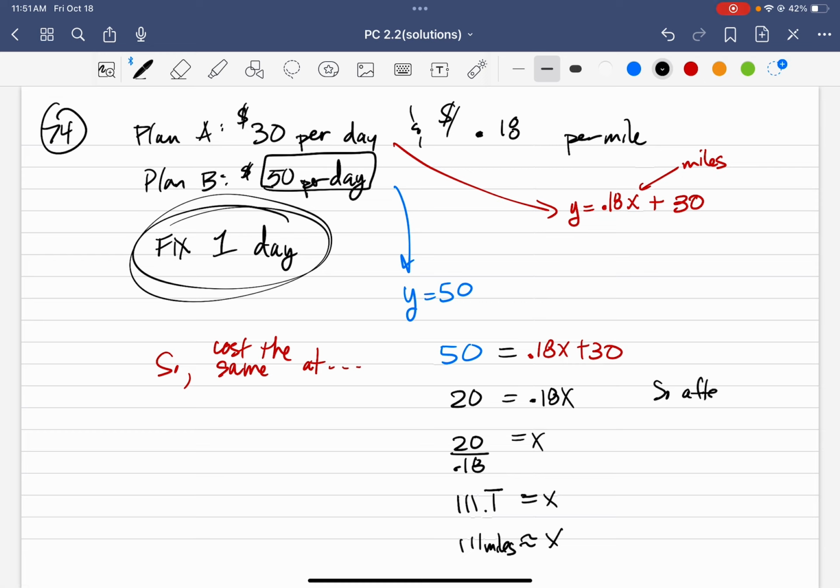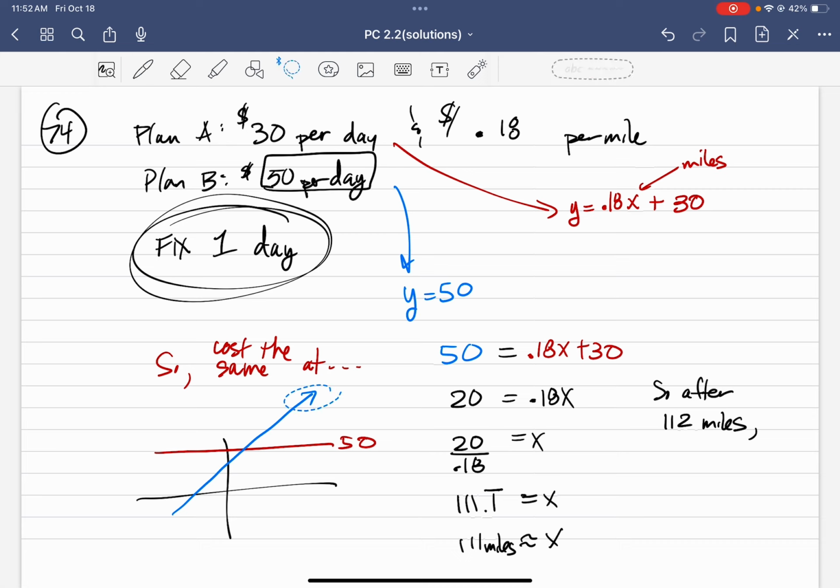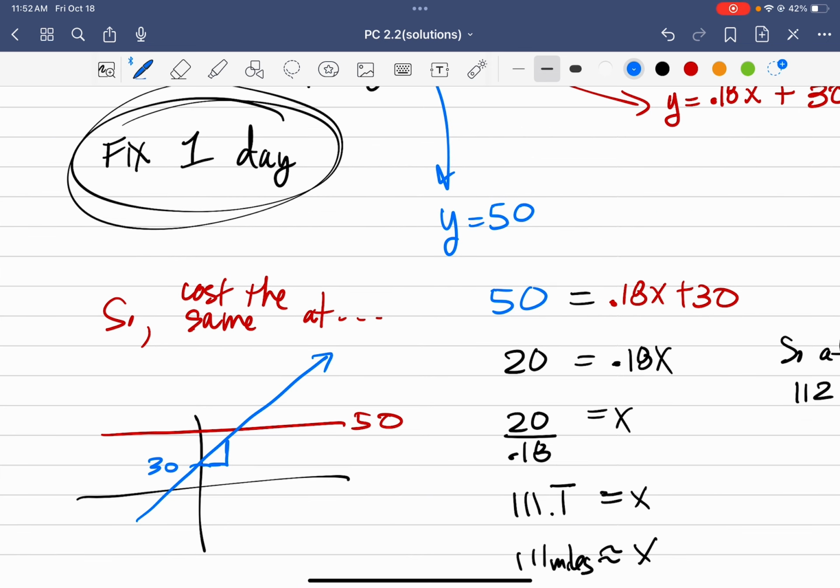111.1 going on forever miles. So I'll say after 112 miles, which one is better? Well, when you look at the graph, one is going to be a constant 50, and the other one is going to look like this, where its y-intercept is down here at 30, but it's rising at a rate of 18 cents every 1 mile.